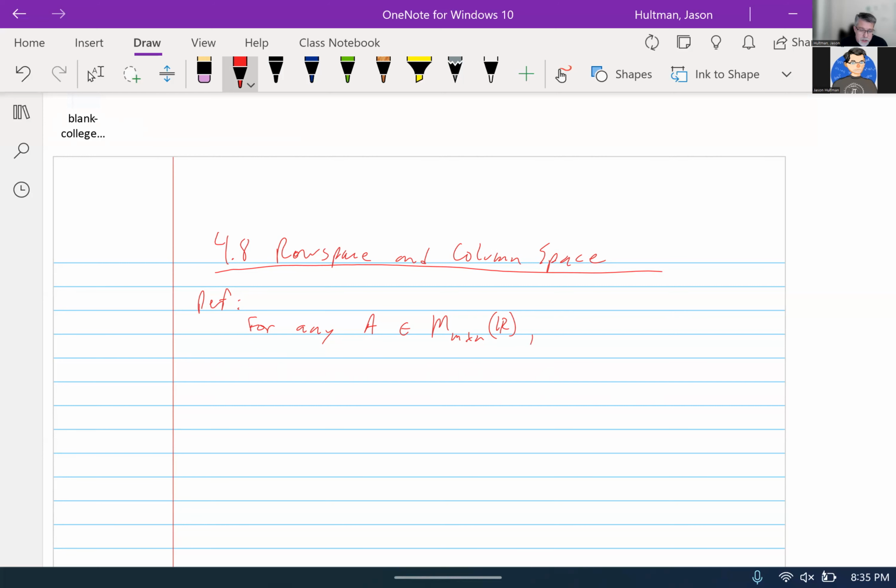The span of row vectors of A is called the row space of A, and is denoted as row space of A. Okay, this is a subspace of Rn.